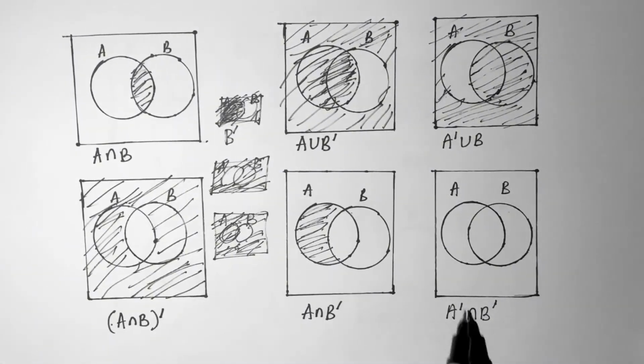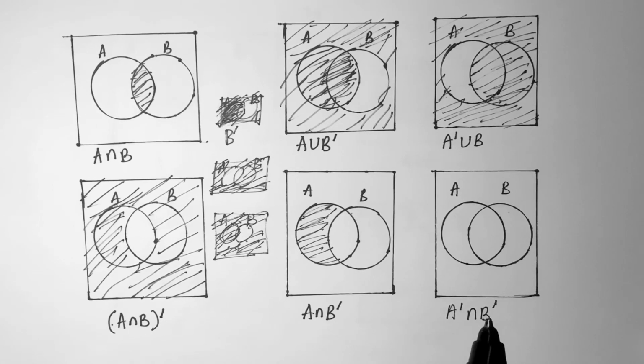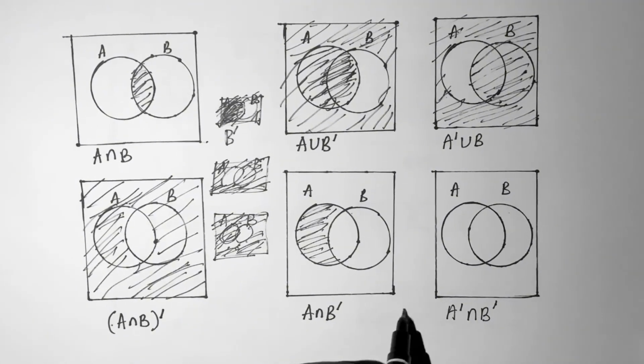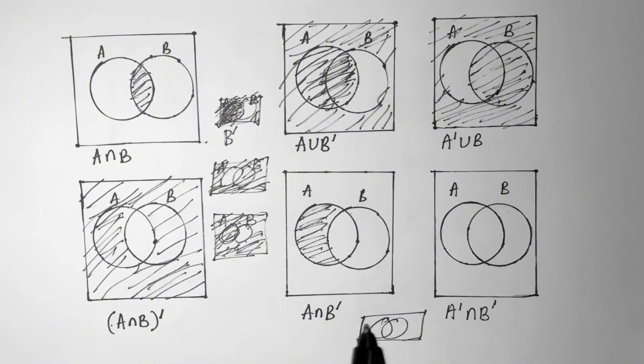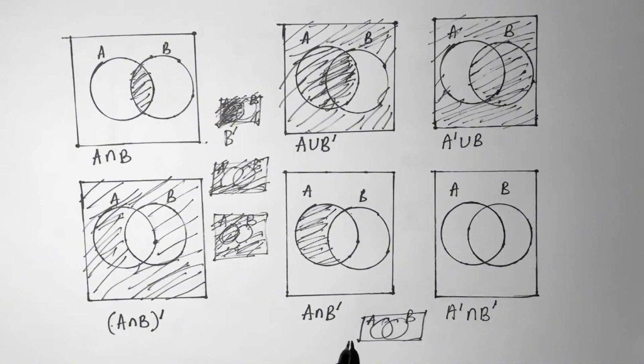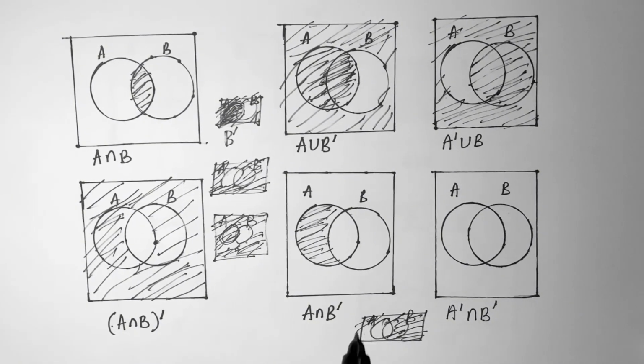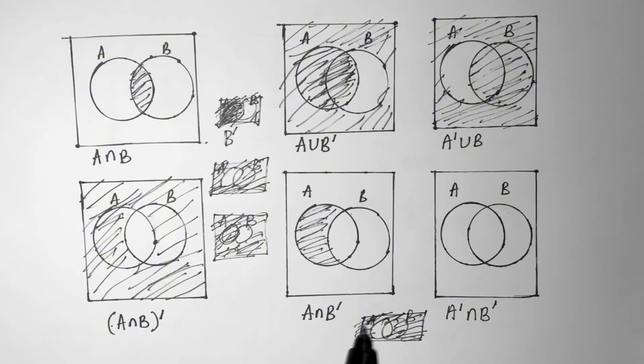And then if we come here, it talks about A complement intersection B complement. So now let's draw a small Venn diagram here. So here is A and here is B. So let's first find A complement. This is A complement, all of the region outside of A. And then let's find B complement.